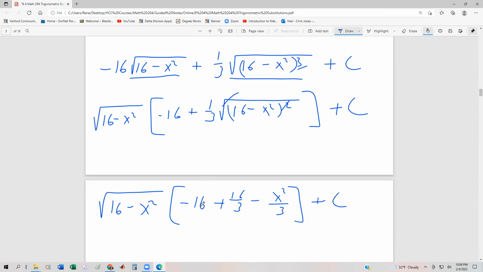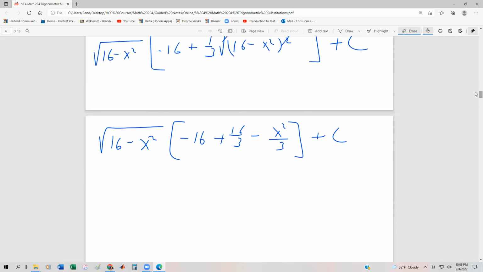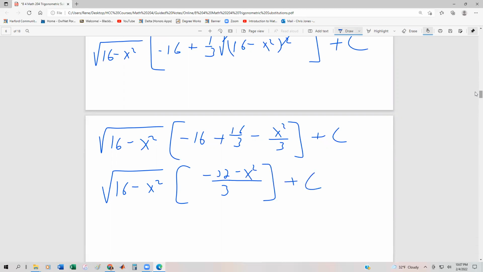And then finally, if we add these together, this would turn into a negative 48/3, so this is ultimately going to simplify into 32/3. So another way to write this would be the square root of 16 minus x squared times negative 32/3, and I guess minus x squared, plus c.